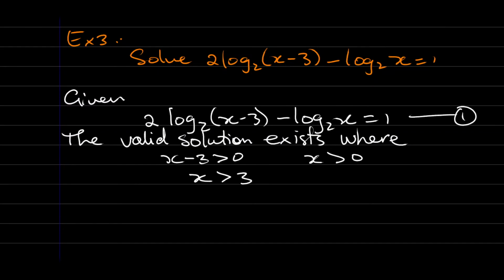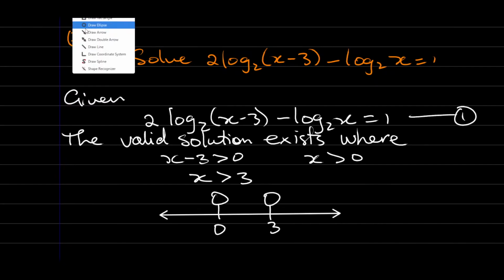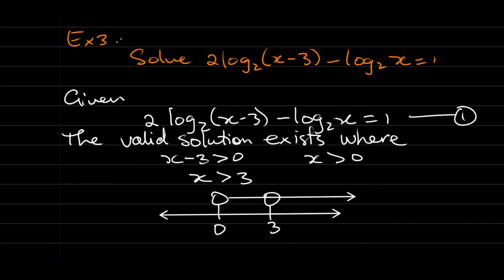Right? So let's look at our valid solution region. So we have our number line here, we have a 0 here, we have a 3 here, open circle, and for these, we know that we want greater than, so greater than this way, greater than this way. Now, I don't think I have it here, but if ever the sign of x causes this arrow to change in direction, don't forget to do this.